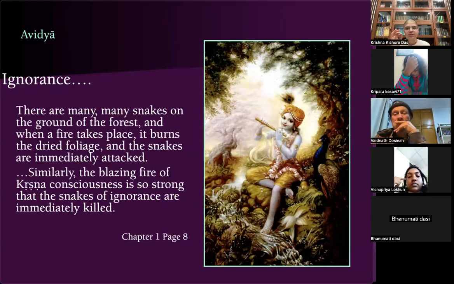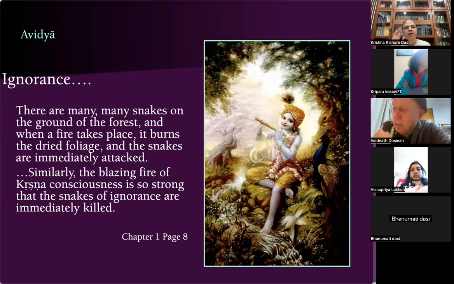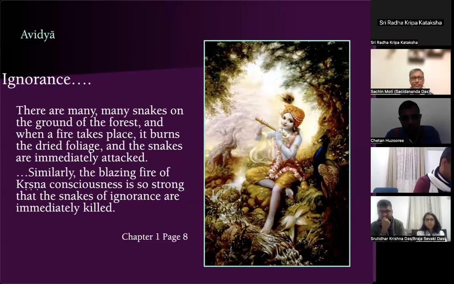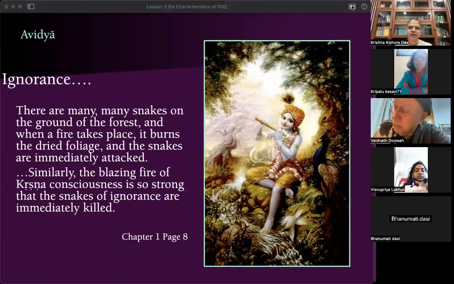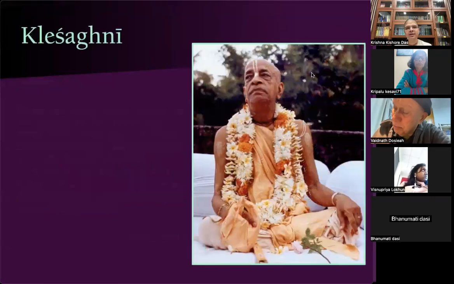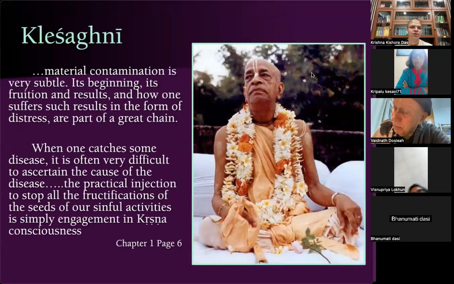Therefore, in a forest fire, there is hope for any animal to be saved except snakes. What Rupa Goswami is saying is that this Krishna consciousness, like a blazing fire, is so strong that it can burn all the snakes of ignorance immediately. And if ignorance is eradicated from the heart, then automatically there will be no more miseries.